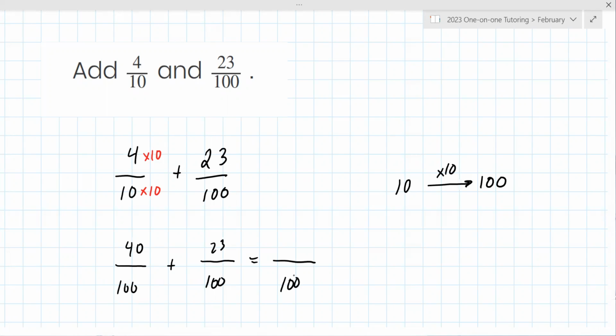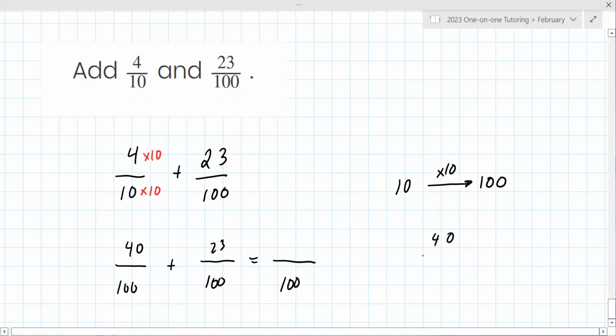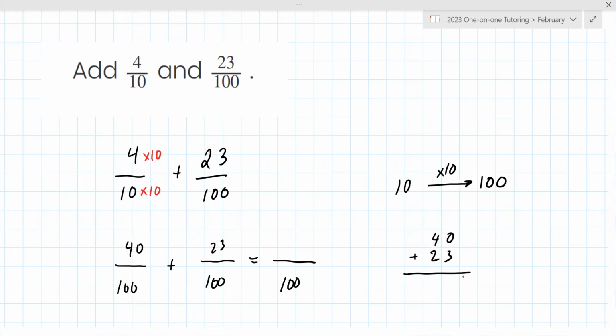Forty plus 23. 83. Try again. 53. Okay, let's do this together. 0 plus 3 is 3.